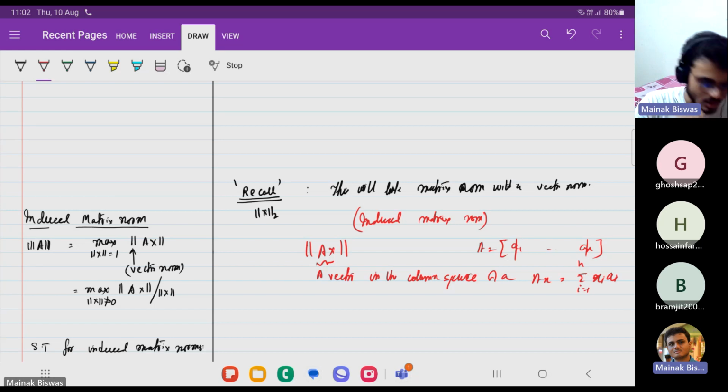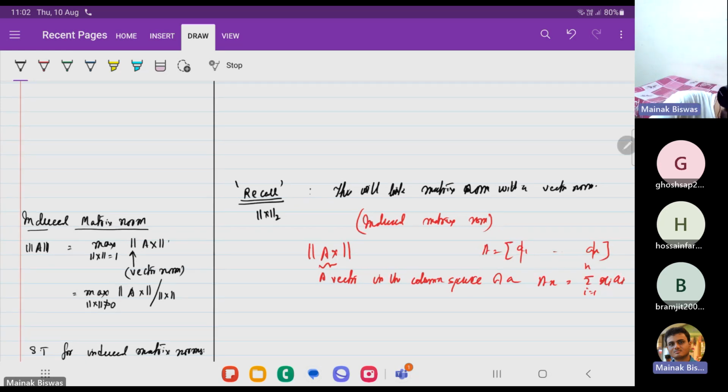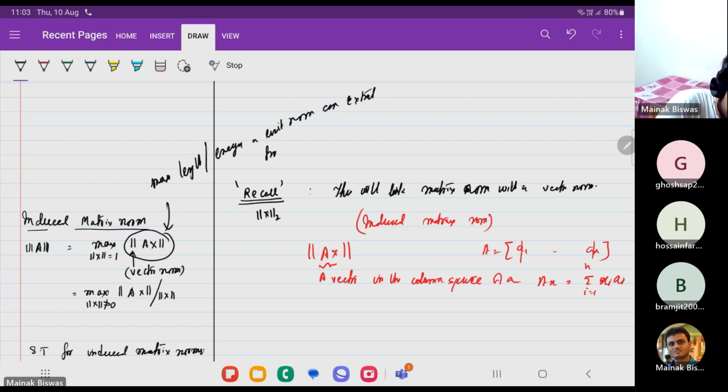Is this clear? It's defined as the maximum length, or energy, a unit norm vector can extract from a matrix in its column space. Is it okay?